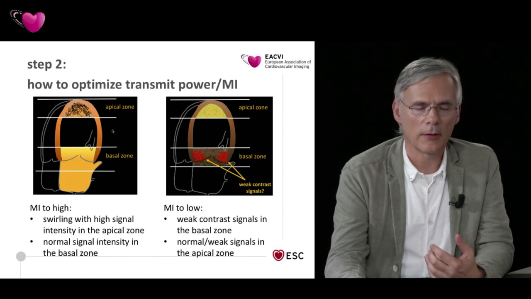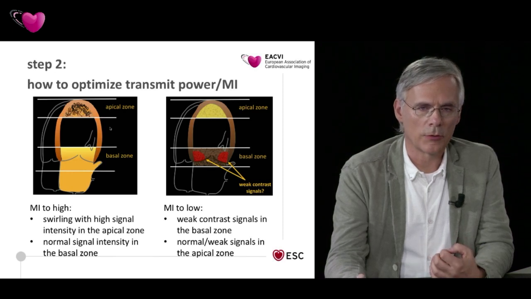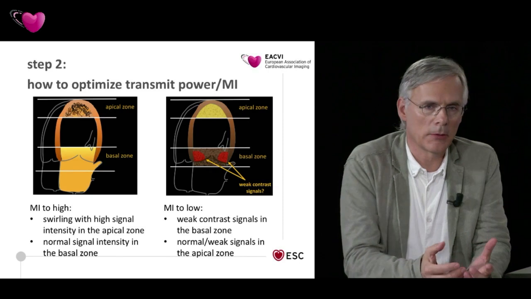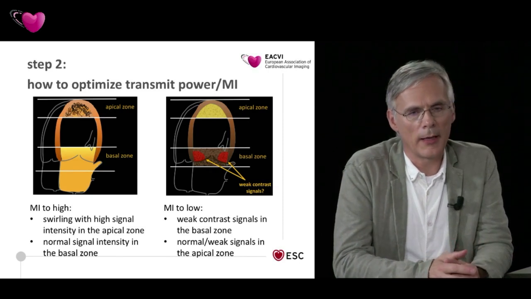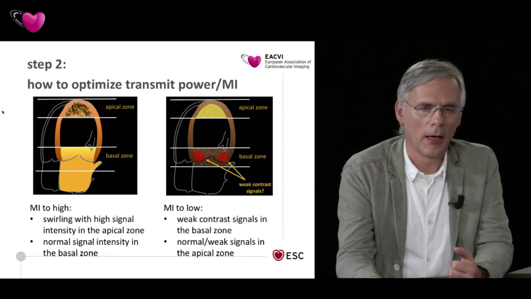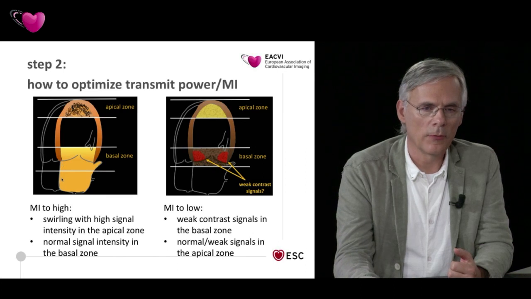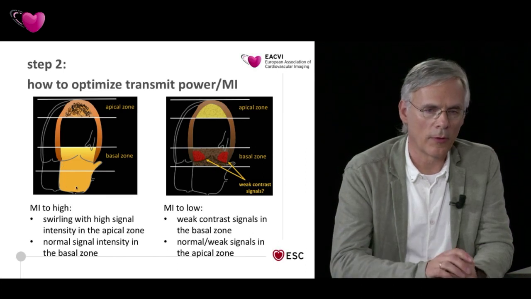On the other hand, a transmit power which is too high can be diagnosed by destruction of the bubbles in the apical zone on the one hand, and a strong signal in the basal zone, even with a good contrast up to the roof of the left atrium.